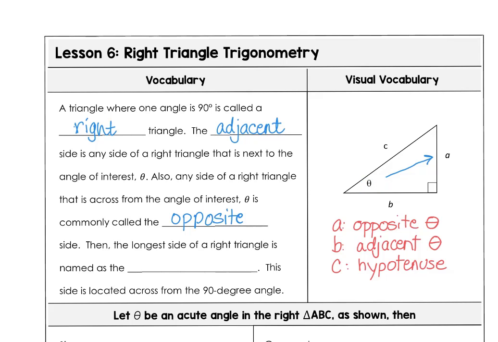And finally, the longest side of the right triangle is called the hypotenuse. This side is located across from the 90-degree angle.